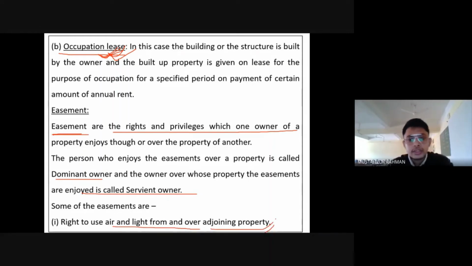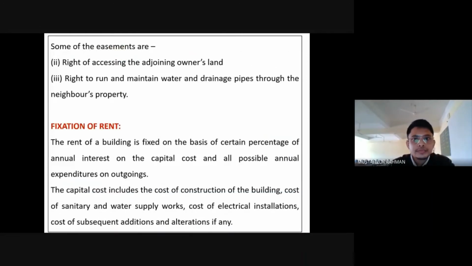Obviously the one who is your neighbor cannot block the light and air coming to your property, cannot complain about that, right? You can access, if you have the access to use the adjoining owner's land, that will also be termed as easement right. Okay, you can run and maintain water and drainage if there is natural drainage going through your plot to the neighbor's plot.